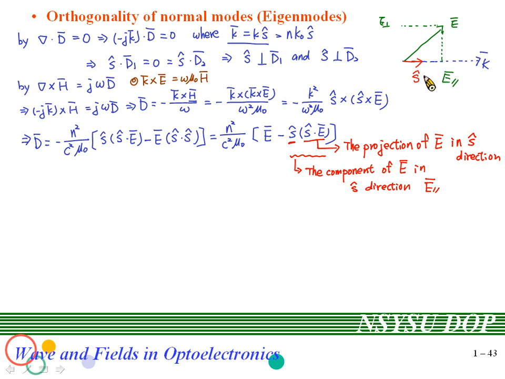And I have said that the E field has two components. One is parallel to K, the other is normal to K, right? As a result, the total E minus the E parallel. So what will be left?